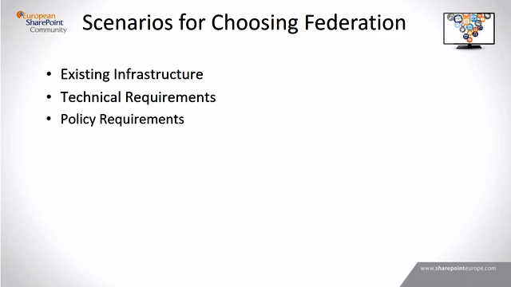The second thing is your technical requirements. Technical requirements could be that we cannot synchronize our users' passwords with 365, or that we are not going to allow password synchronization on port 443, or that certain policies are in place.